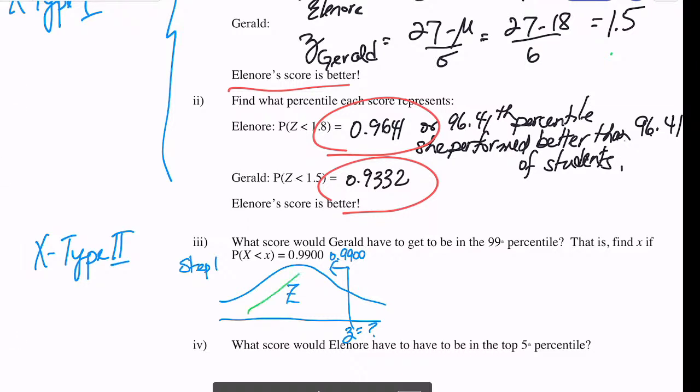How many standard deviations do I have to be above the mean to have 99% on the left? I know how to do this. This is a backward problem. I begin inside and I look out for the z. So I look for 0.9900 in the table.